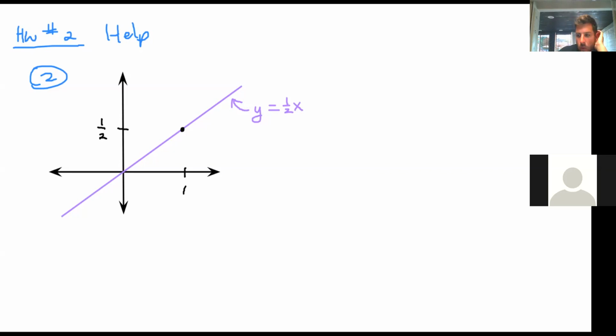Now, what we know is the curve x to the 4th passes through the point 1, 1. So here's how I'm going to reason this. If this is my point 1, 1, I know that this curve x to the 4th has to actually come through here. So it's going to look like this.